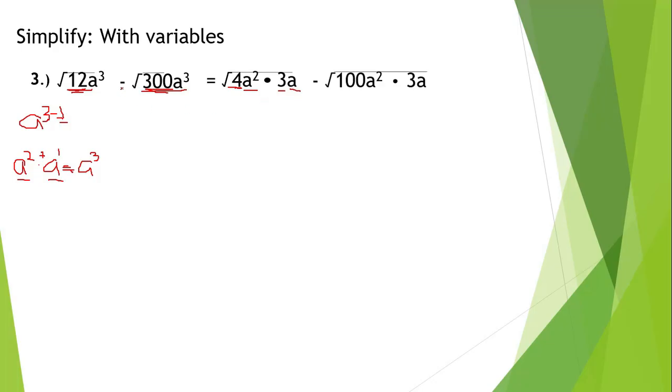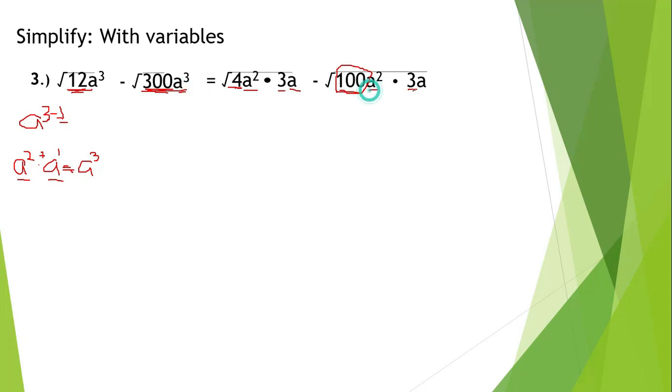Next, copy the sign, which is negative. Then find the factor of 300. The factor of 300 is 100 times 3, and ensure that one of them is a perfect square. Then factor this one, a raised to 3.